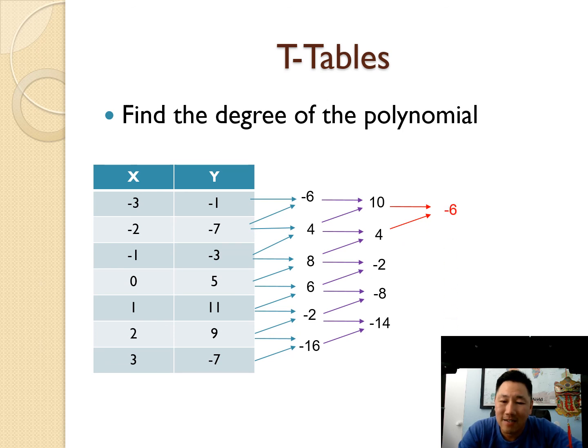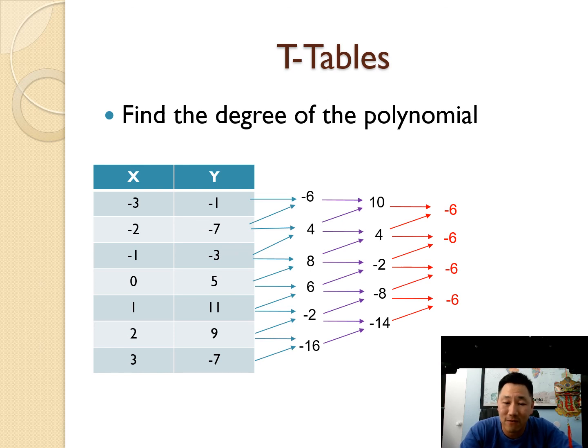4 minus 10, negative 6. Negative 2 minus 4, negative 6. Negative 8 minus 2, negative 6. Uh-oh. Negative 14 minus the negative 8, negative 6. So it turns out that their differences are negative 6.